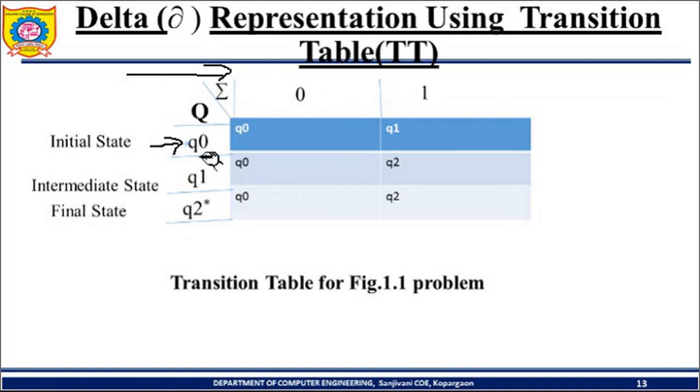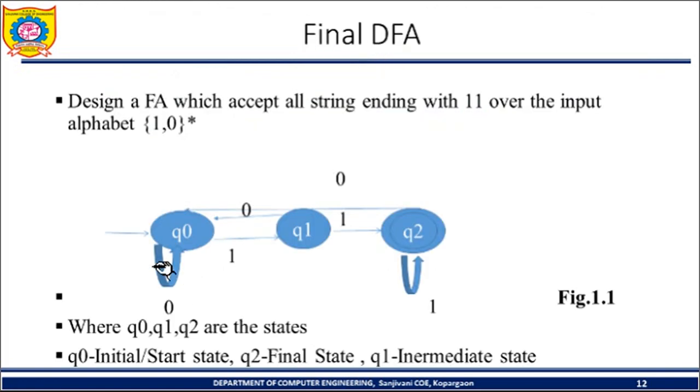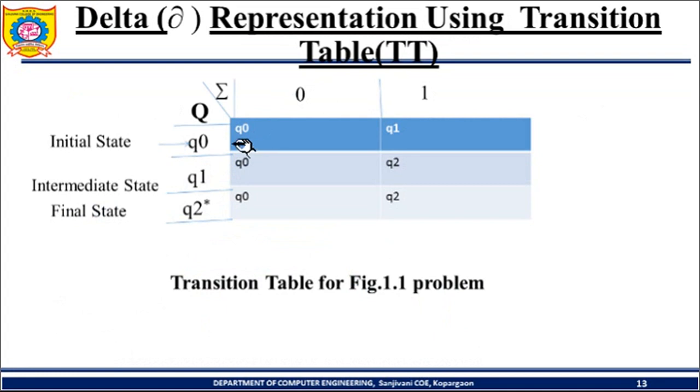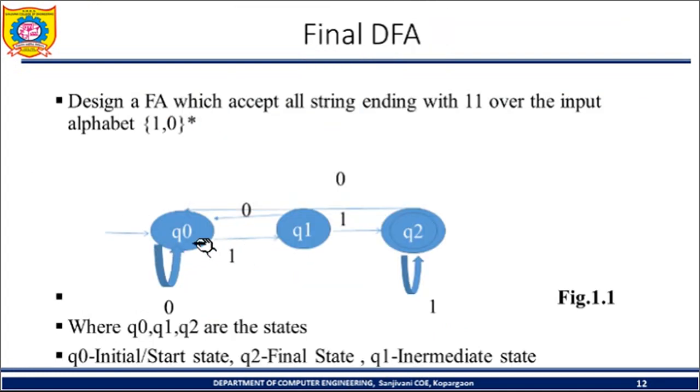Now q0 after accepting 0 is in the same state, q0, so we have written q0. Next, q0 after accepting 1 will be in the next state, q1.